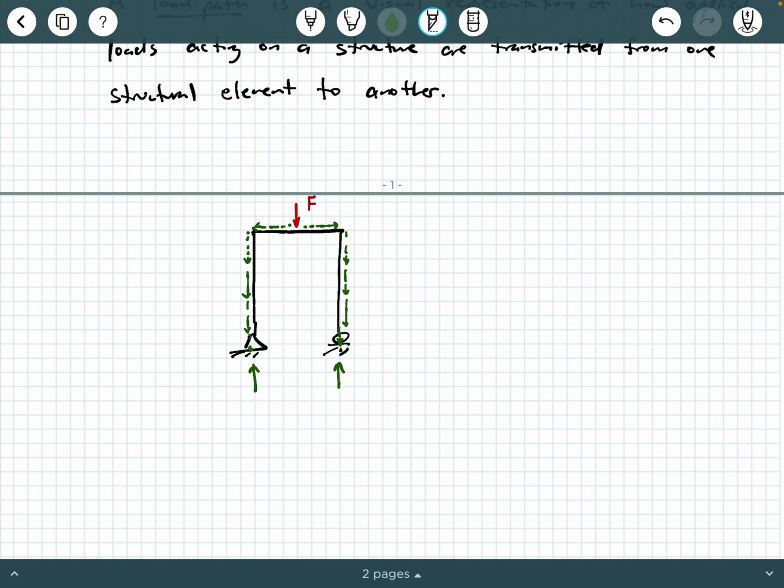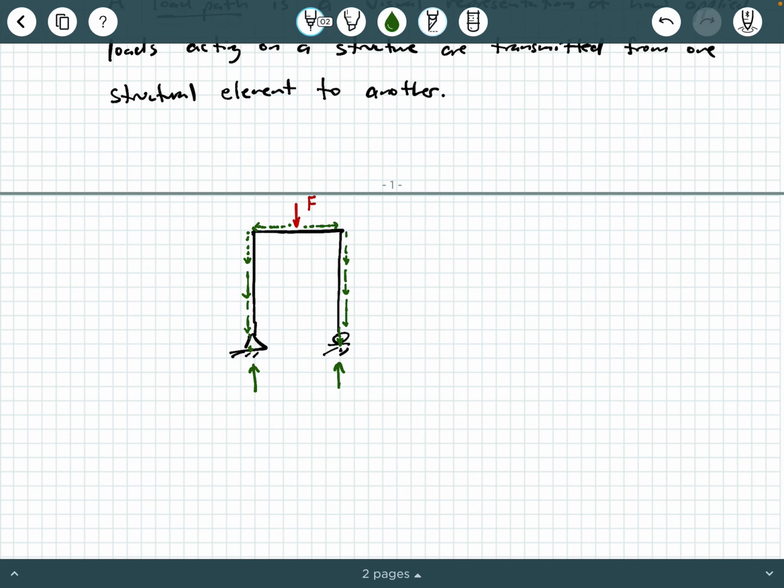It's trying to get to an anchor point, okay? And so again, we want to ask ourselves, how do those loads do that? What path do the loads take through the structure in order to reach a support? Okay, so that's going to conclude this video on just some of this background information. Again, you want to reference a good textbook as we go along.